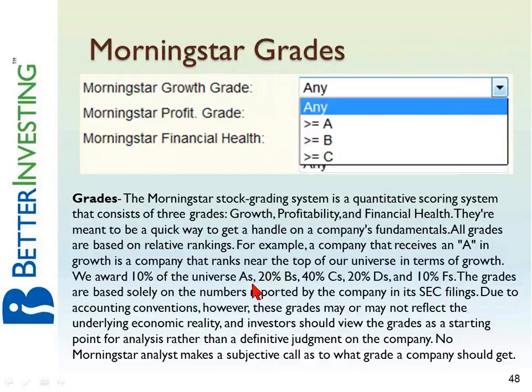A's are the top 10%, B's are the next 20%, C's are the middle 40%, D's are 20% near the bottom, and F's are the bottom 10%. And so things might change depending on economic conditions and so forth. So this is directly out of their explanation to me.